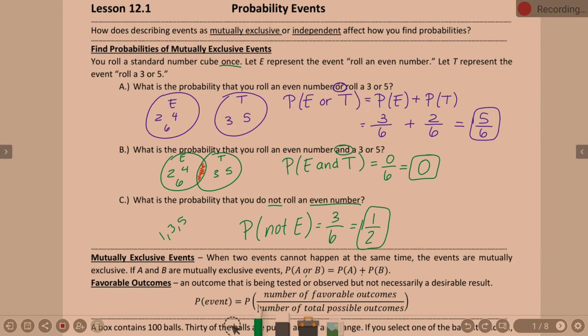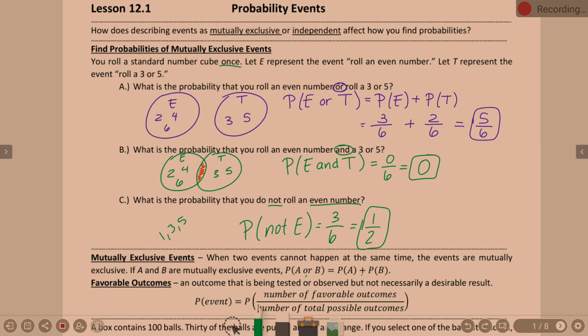Example A was mutually exclusive. We could not get an even number and a 3 or a 5 at the same time. And I think in this vocabulary, they just use either mutually exclusive or not mutually exclusive.